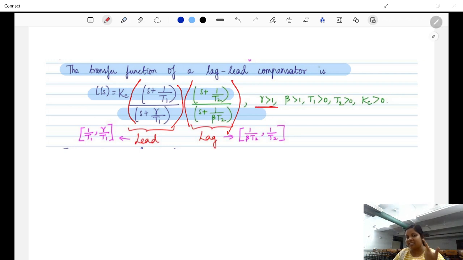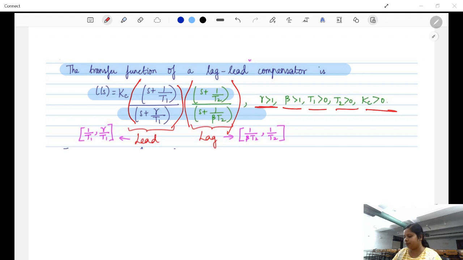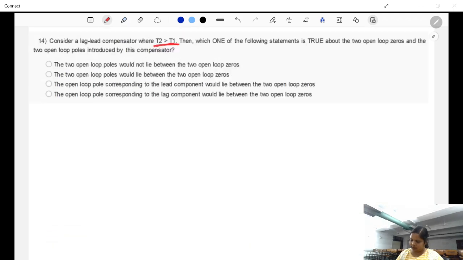You had alpha less than 1 there, but we brought the alpha to the numerator and said it is gamma. So your gamma is greater than 1 here. Beta was already greater than 1. T1, T2 and Kc, all of them are greater than 0. So this is really a combination of lead and lag compensator.